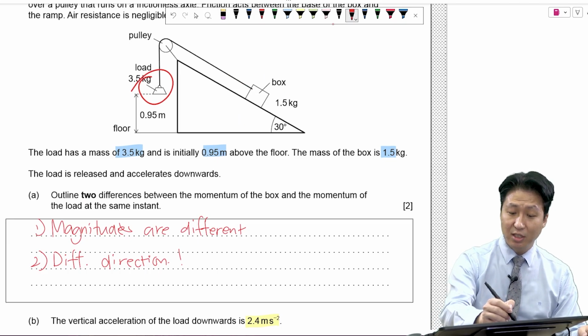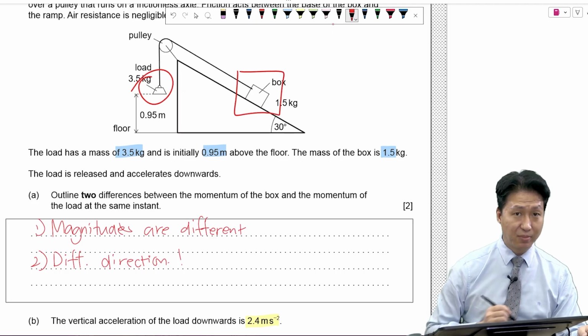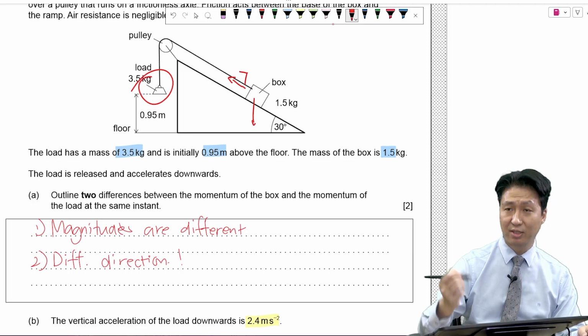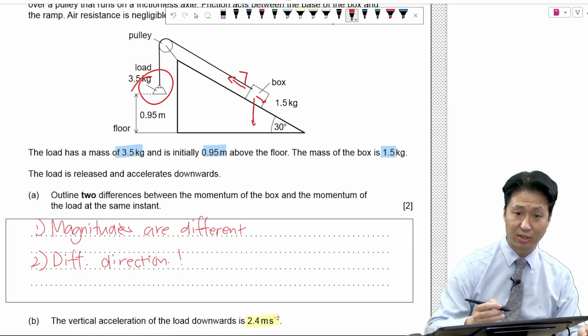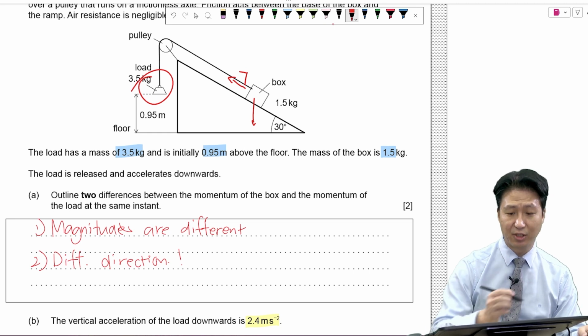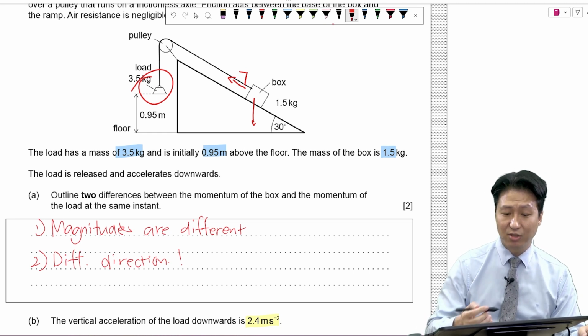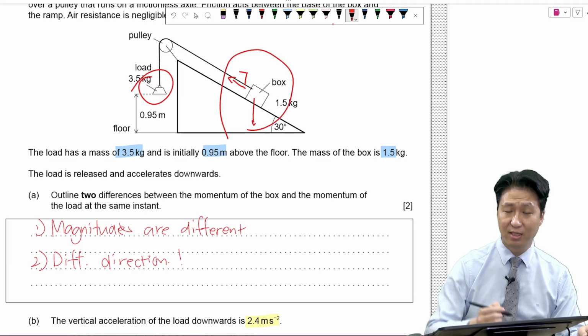But you cannot use the net force on the box because the box not only has tension going up the ramp and force of gravity downwards, which means there's a component in the opposite direction, it also has friction, and you do not know what the friction is, so you should not use the box to find the tension.